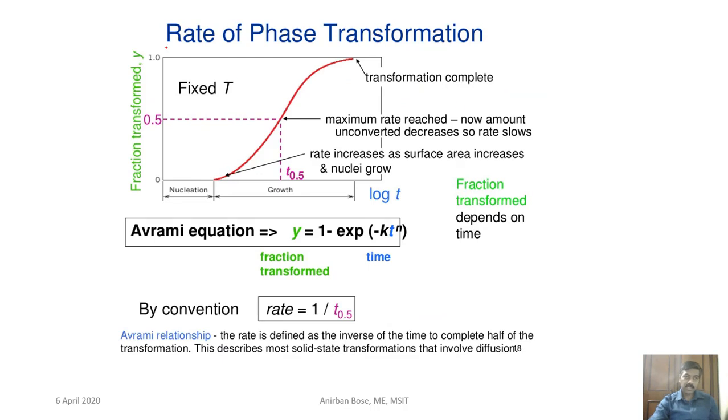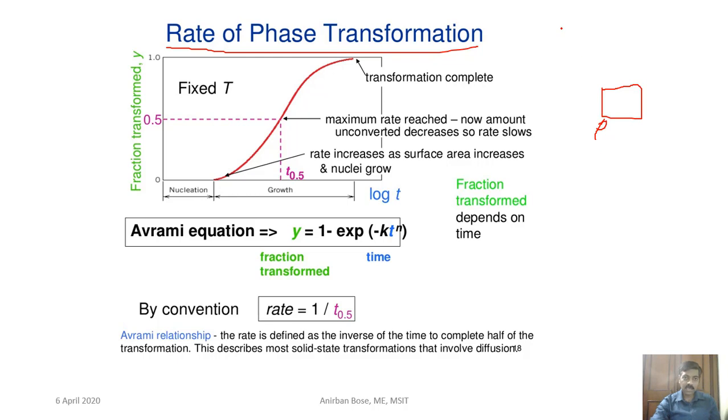Now here is an experimental result of how much time it will take for the complete transformation. Suppose you take a particular mass of material and put it at a particular temperature, and definitely that temperature will be less than the transformation temperature.